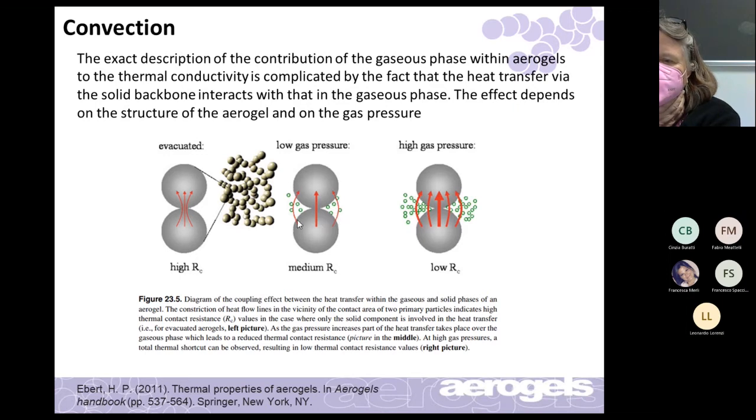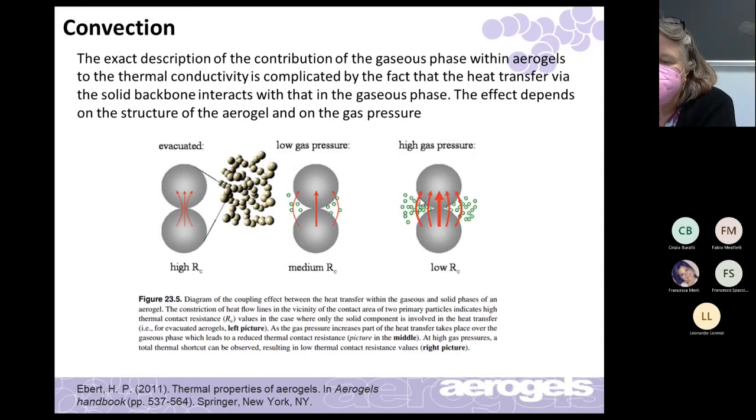And so that is going to change my contact resistance, because not only can I transfer heat via conduction in the solid from particle to particle, I can also have heat be transferred due to the gas itself interacting with the solid. And then as you go to higher gas pressures, you just get more of the gas in there interacting more with the solid.